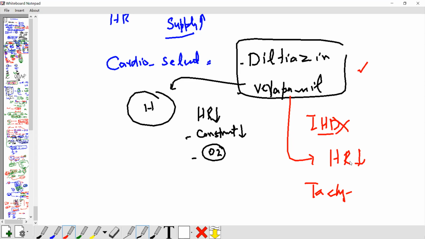So they are not preferably used for ischemic heart disease. Understand? This concept is important.